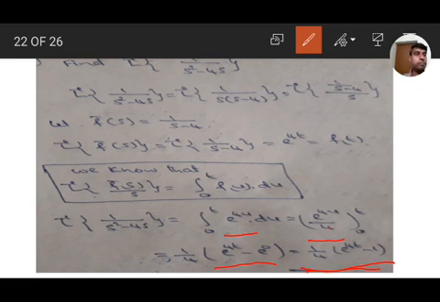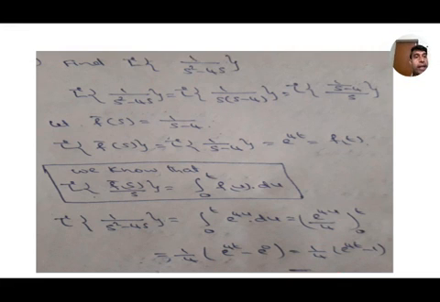Okay, look at the problem here. 1 by s square minus 4s, we take s common, so 1 by s into s minus 4. It can be written as L inverse of 1 by s minus 4, divided by s. So f bar s equals 1 by s minus 4.